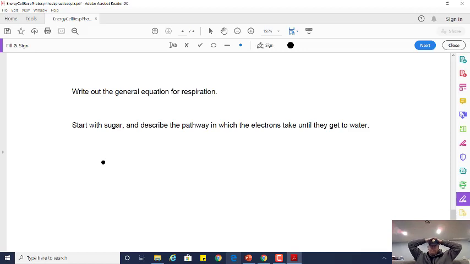But then after that, there's an intermediate step in between glycolysis and the Krebs cycle where electrons get ripped out, and then during the Krebs cycle, they get ripped out of whatever the sugar was, whether it was acetyl-CoA or some other intermediate.